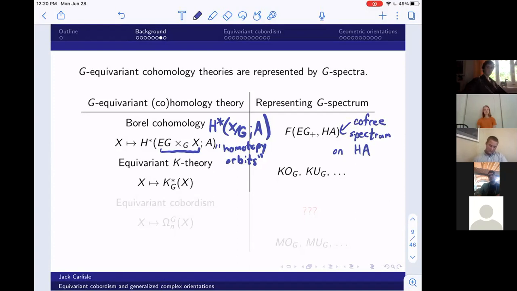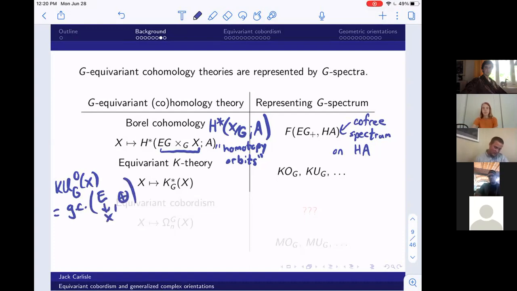We can play a similar game and create a G equivariant analog of topological K-theory. It's not exactly a construction, but there is a G equivariant cohomology theory called K, or KO, or KU, and it satisfies this interesting property that if we look at, for instance, KU_G^0 of X, this is the group completion of the commutative monoid of G equivariant complex vector bundles over X under the direct sum operation.